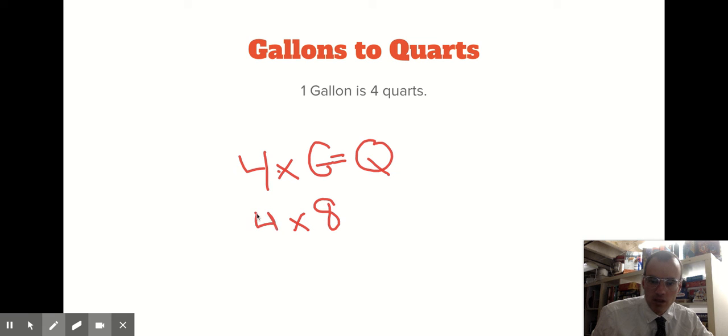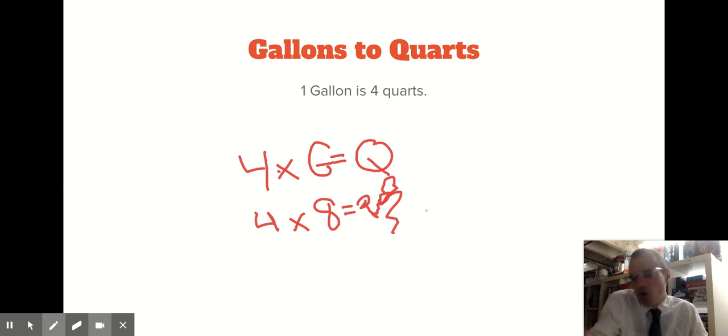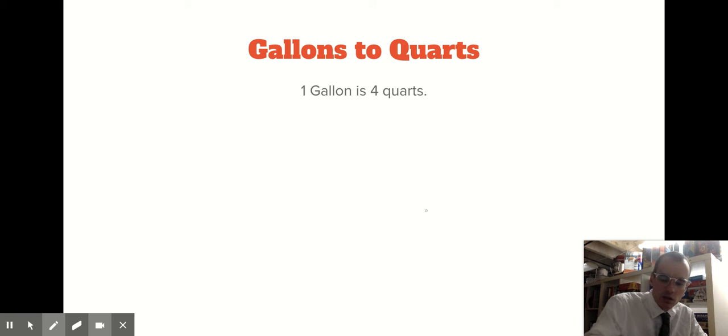Well, 4 times 8 equals 32. And here's an easy way to remember this one. Quart is quarter, 4. You got 4 quarts in a gallon. You got 4 quarters in a dollar. But it's that same idea. How do you turn a bigger thing into a smaller thing, or how many smaller things are in a bigger thing?